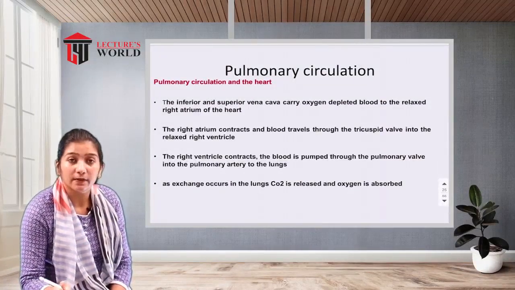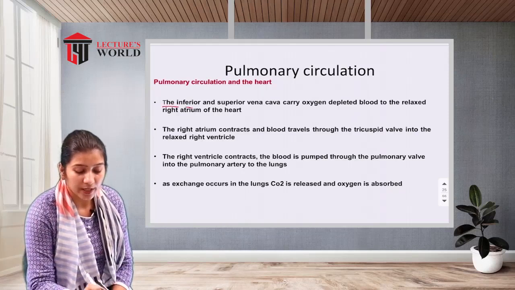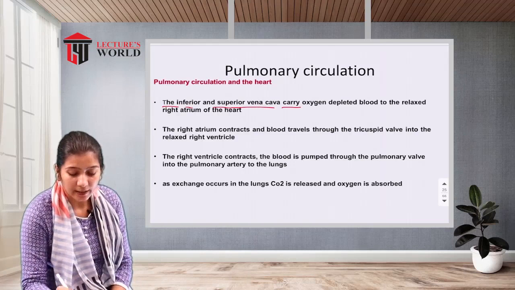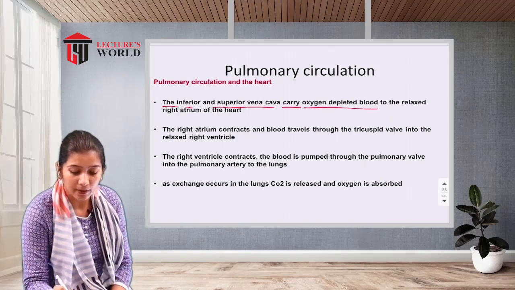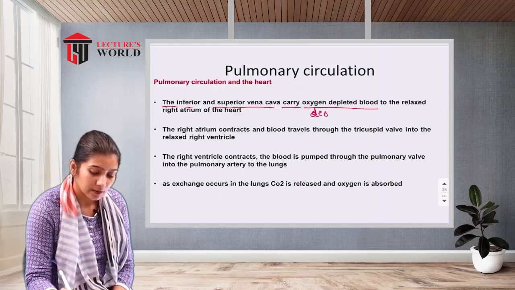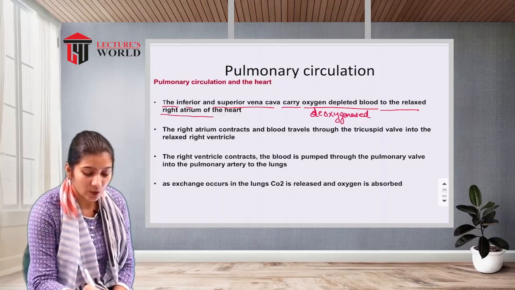So in detail we will see what the pulmonary circulation is. The inferior and superior vena cava carry oxygen depleted blood, that is deoxygenated blood, to the relaxed right atrium of the heart.